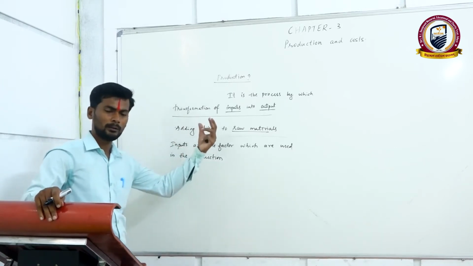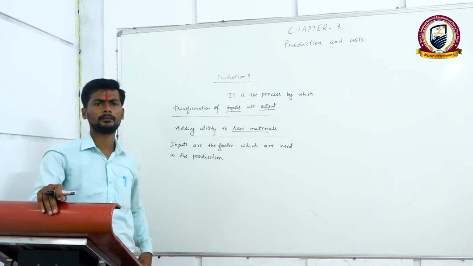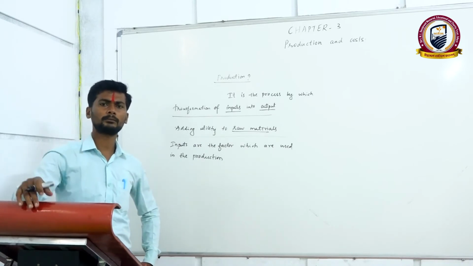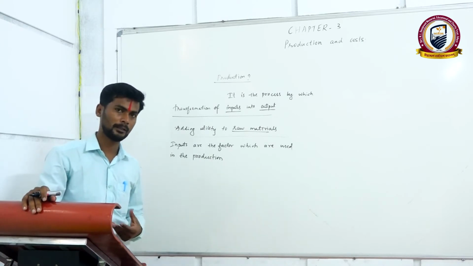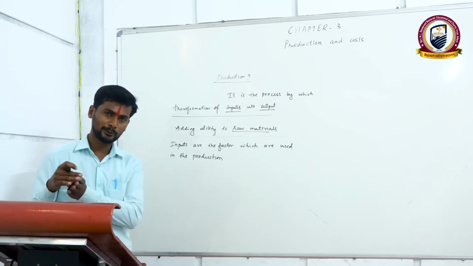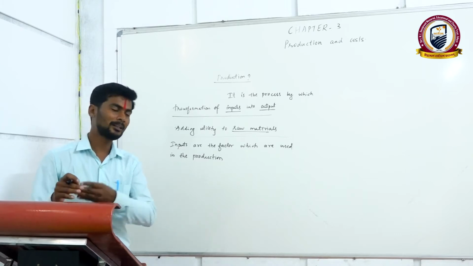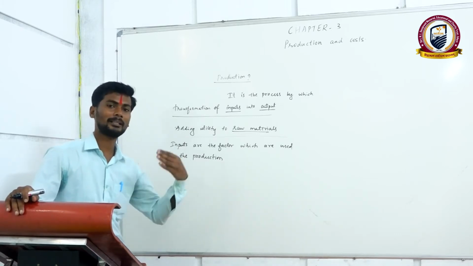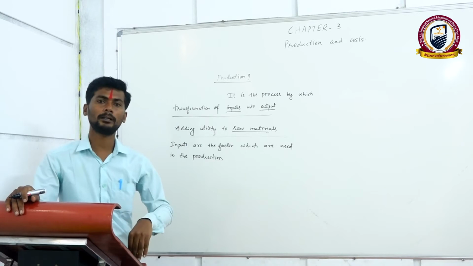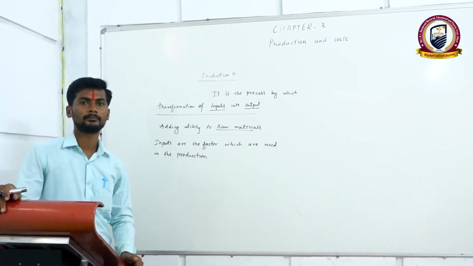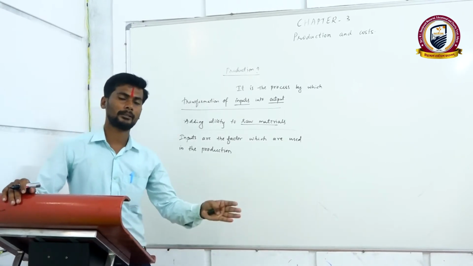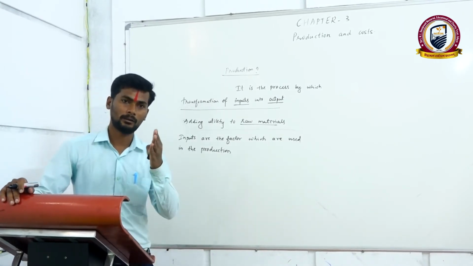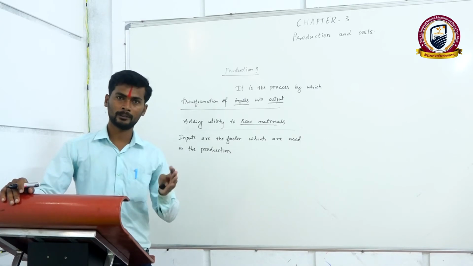For example, somebody has to produce sugar. In order to produce sugar, what factors are required? Just say to yourself what factors are required to produce sugar.